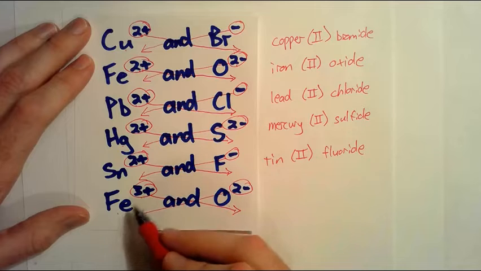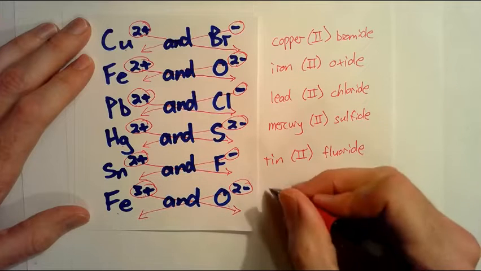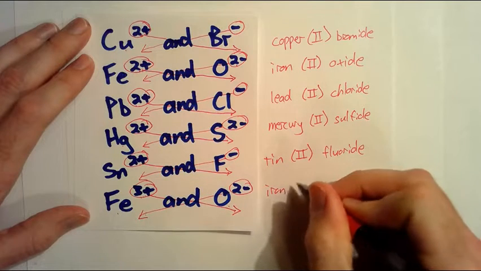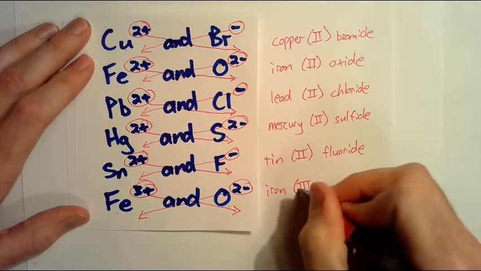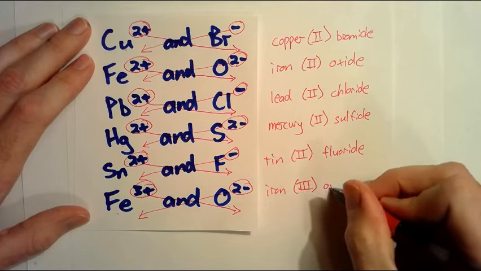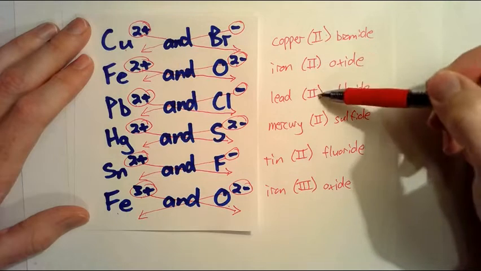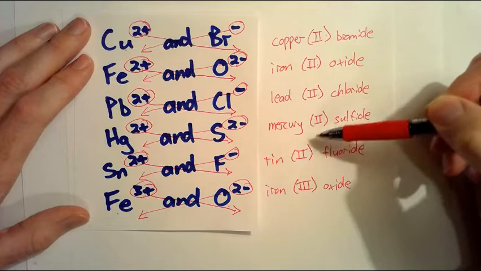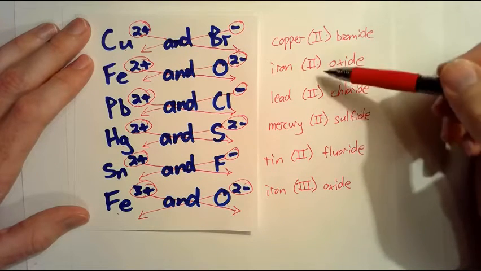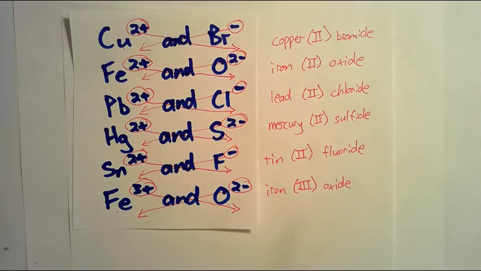So this will be iron 3 oxide. Now it's just a coincidence that most of these have a Roman numeral of 2. That doesn't always happen that way. It's just the way the examples worked out.